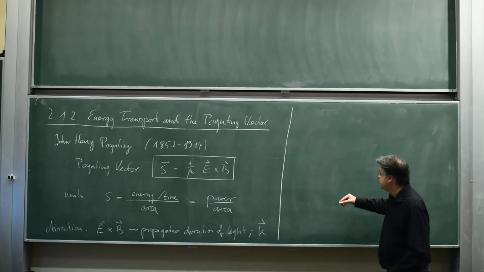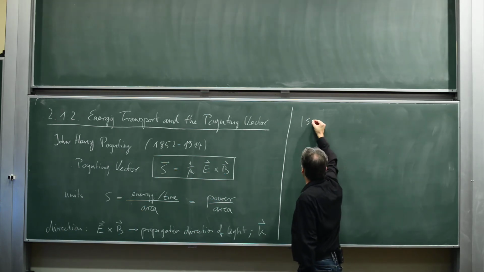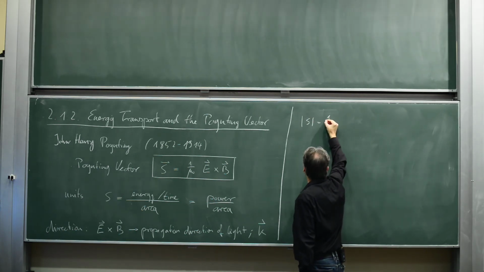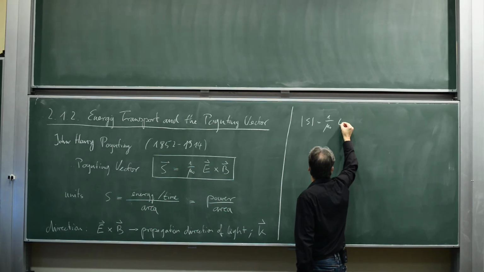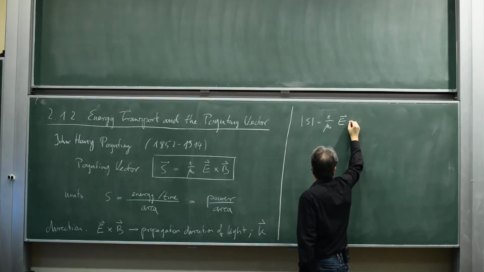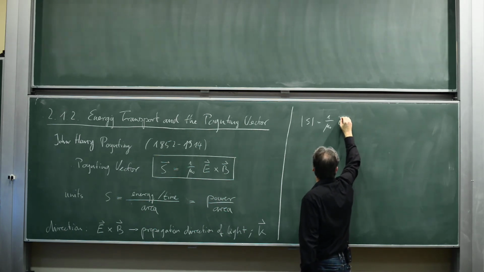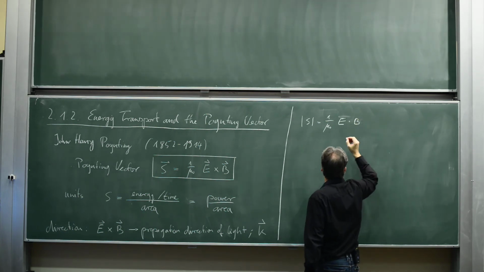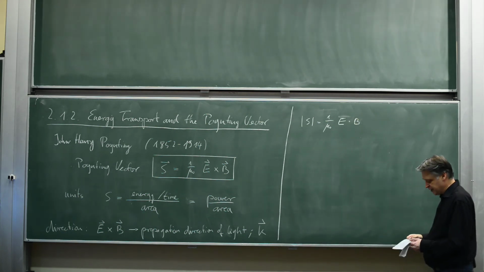So the magnitude of S is 1 divided by mu naught E times B. Let's skip the vector symbol here, just the absolute magnitude.